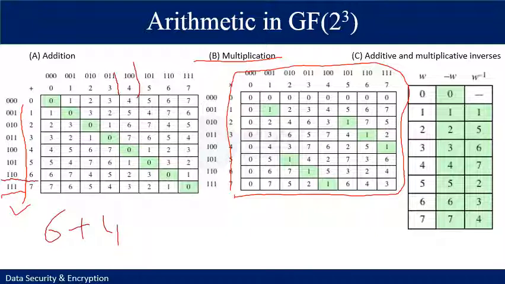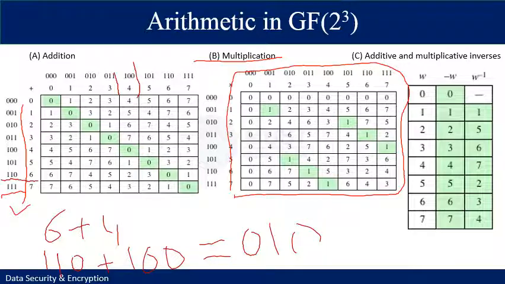For example, if we use 110 for 6 and 100 for 4, we get the value 010. That is, 0 plus 0 is 0, 1 plus 0 is 1, and 1 plus 1 is again 0, with the carry 1 discarded, which is equal to 2. So here is our additive inverse for each number.